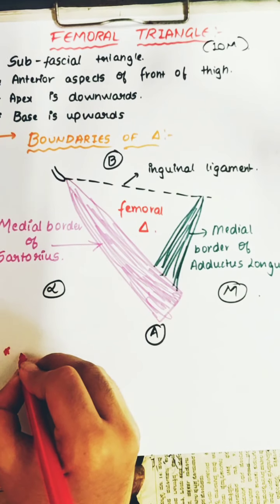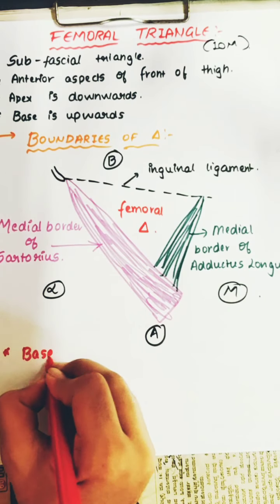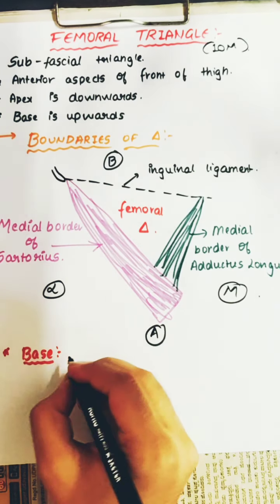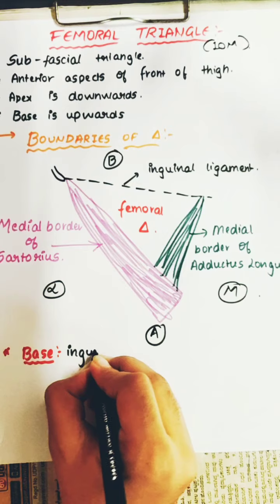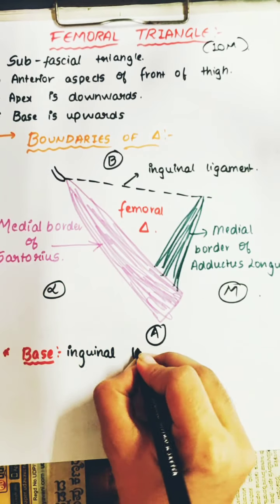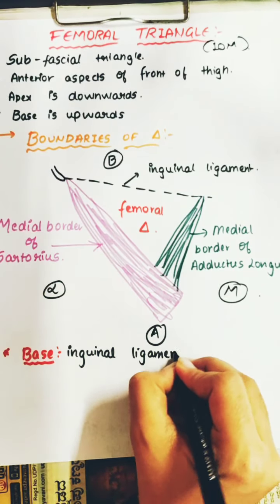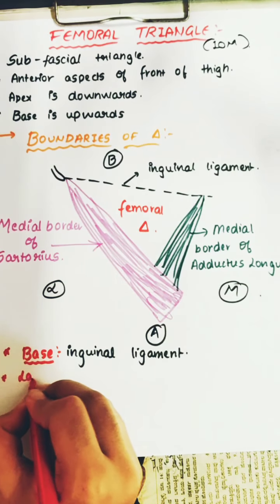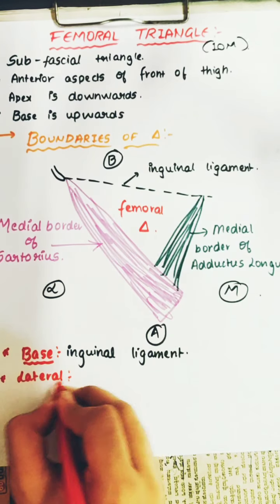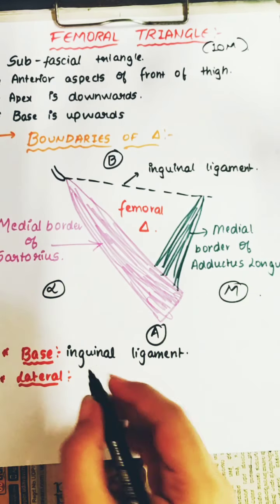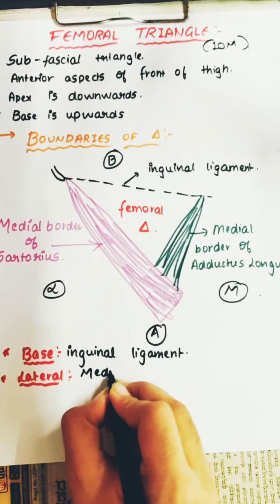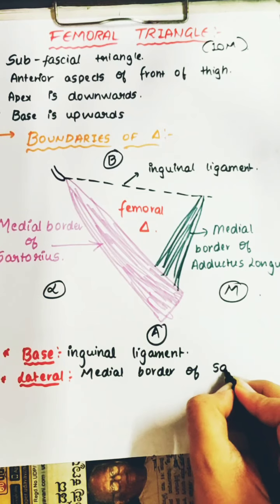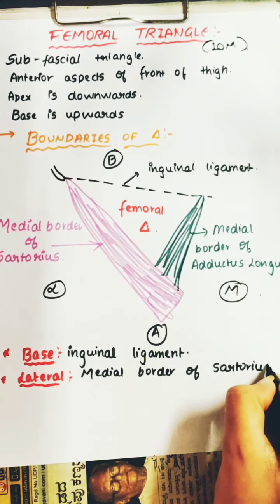So first is the base. Base is formed by the inguinal ligament. Next comes the lateral side. What is there in the lateral side? There is the medial border of sartorius.